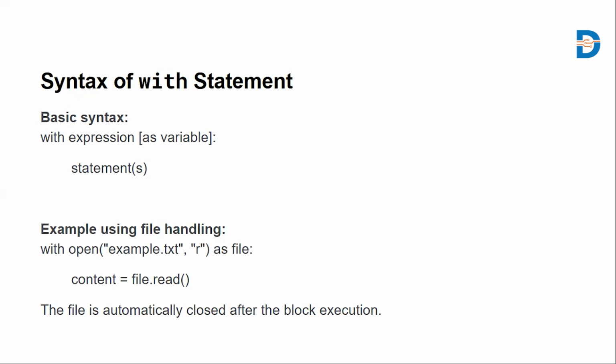Then the as file part assigns the file object to the variable file. Once the block of code under the with statement is executed, the file is automatically closed even if an error occurs during reading. This ensures proper cleanup and resource management.